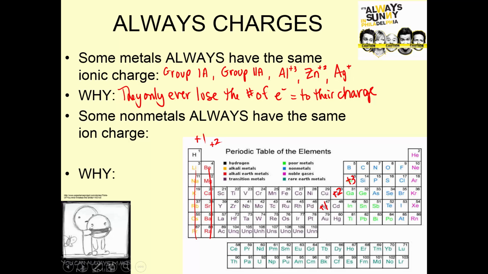Nonmetals sometimes always have the same charge. So memorize these. These are the negatives. That group has -1, that group has -2, and this group has -3 for nitrogen and phosphorus.